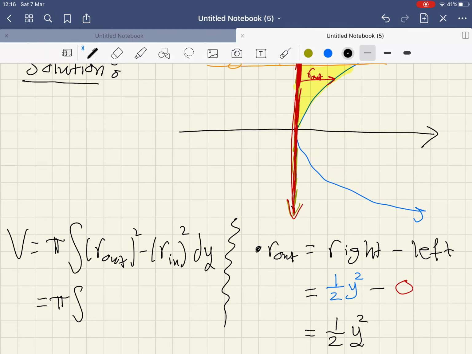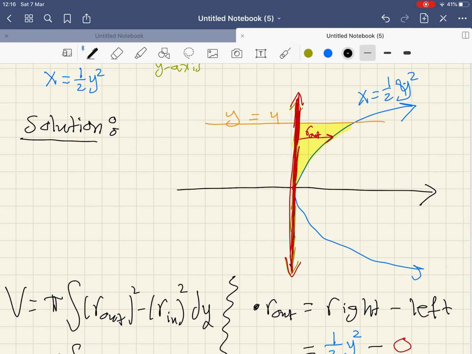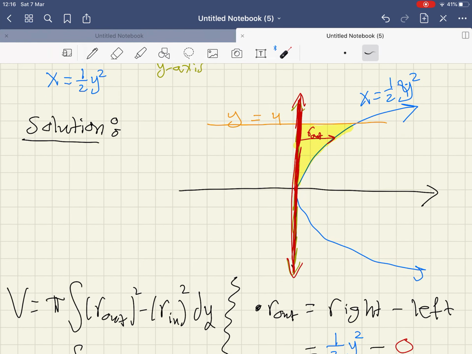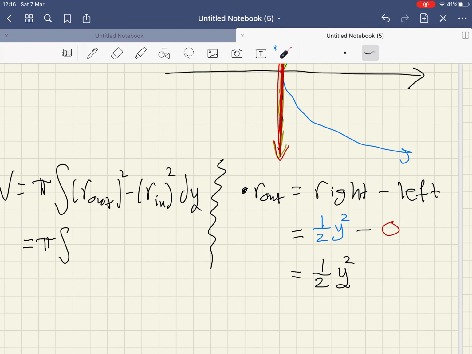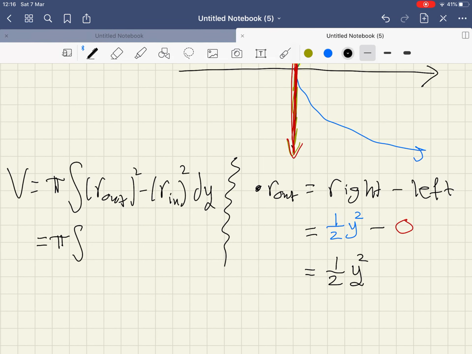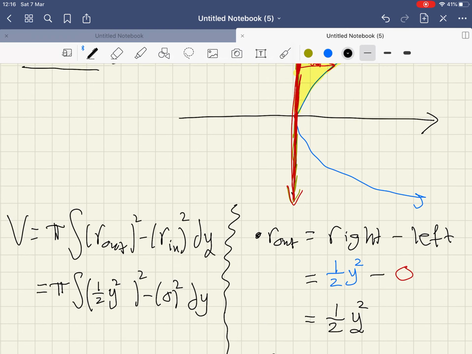That is the R out. Now, the R in, because we don't have any space here between the axis of revolution and the region, as we did before, the R in would be just 0. Substituting these here, this would be half y squared minus 0 squared dy.